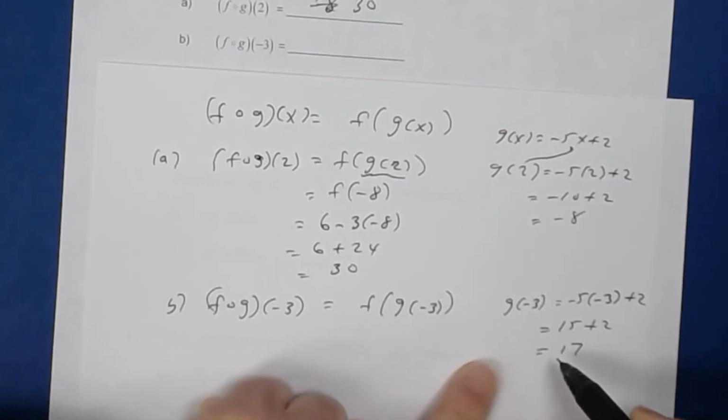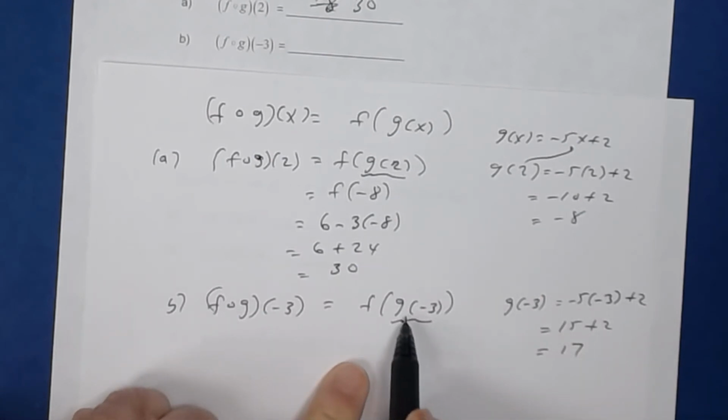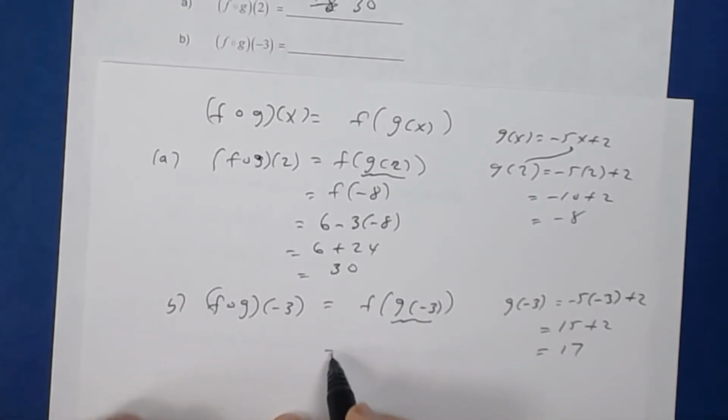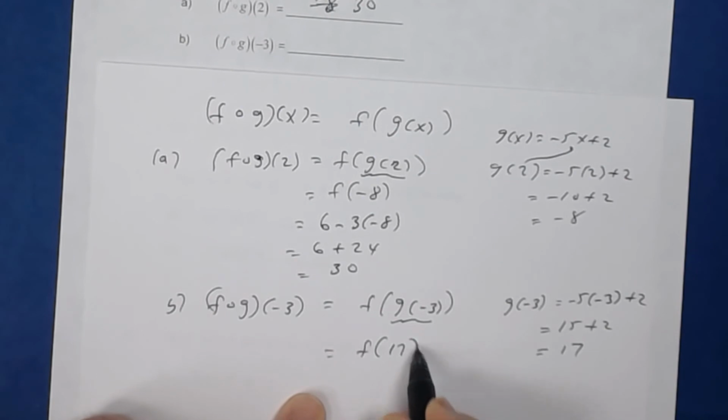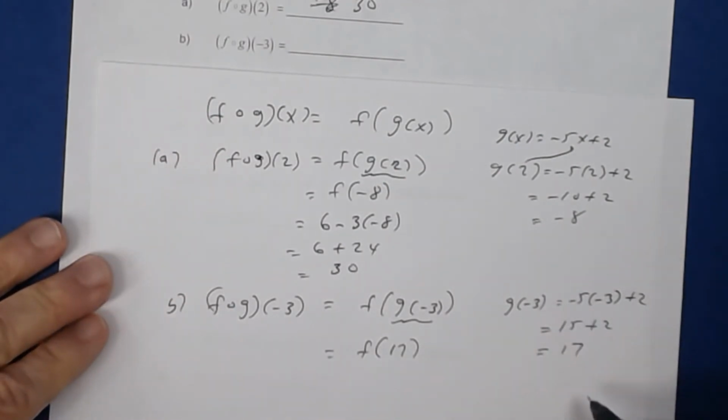Now remember, all you found was this. So now I've got to come back and replace this with 17. Now I've got to find f of 17. To find f of 17, I go to my function f, f of x is 6 minus 3x.